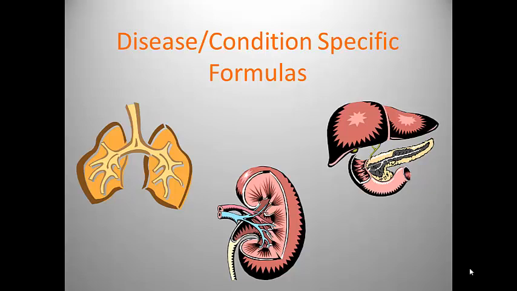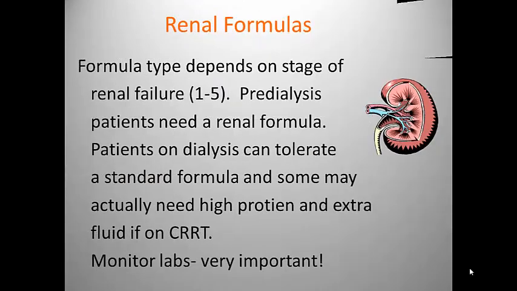We'll now discuss formulas for specific diseases or conditions. In renal patients not undergoing dialysis, a calorie-dense, low-protein, low potassium, low magnesium, and low phosphorus formula is needed. Renal formulas are concentrated as most patients will have a fluid restriction.